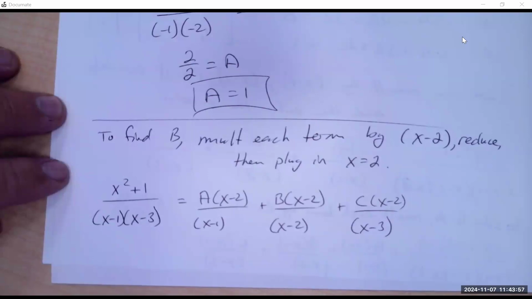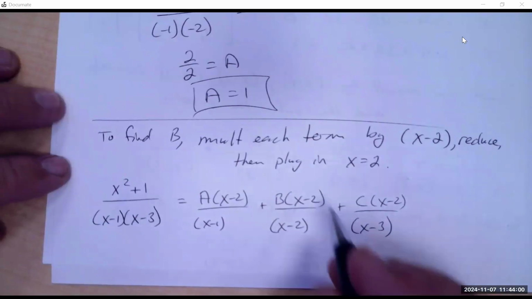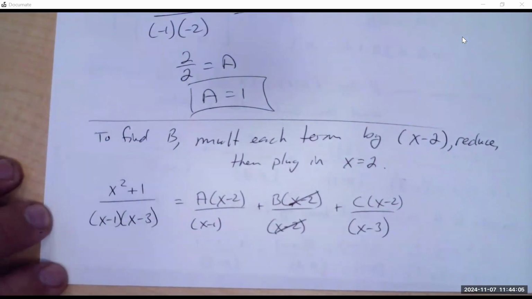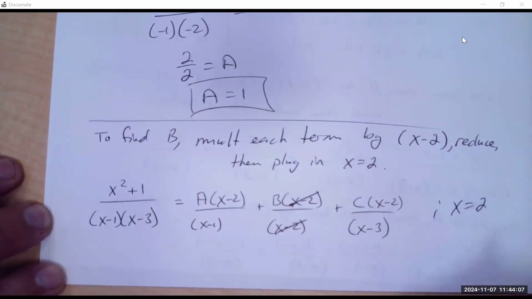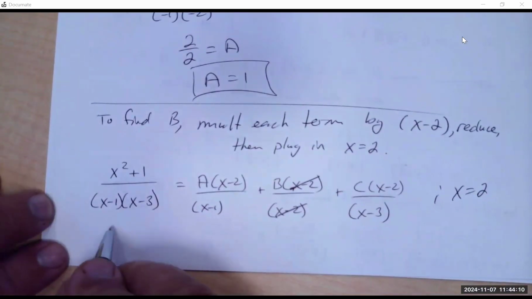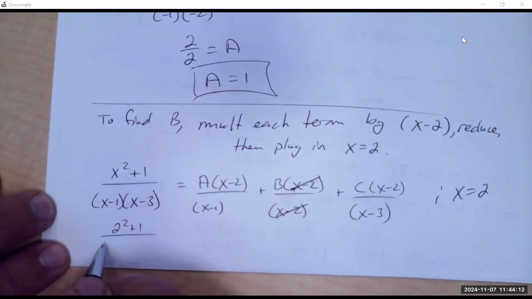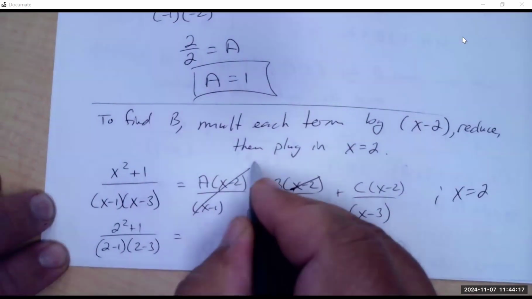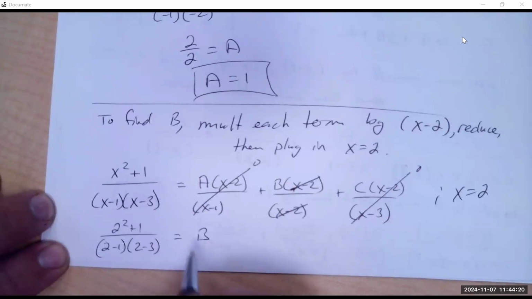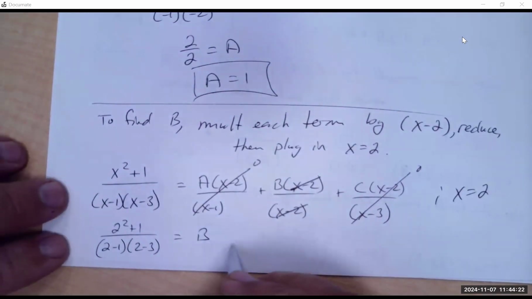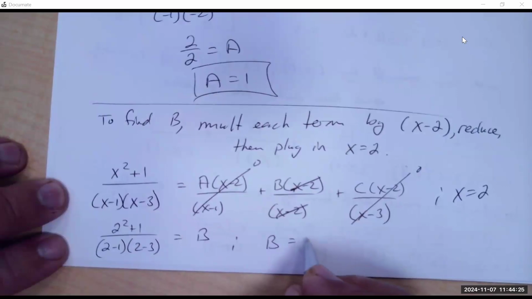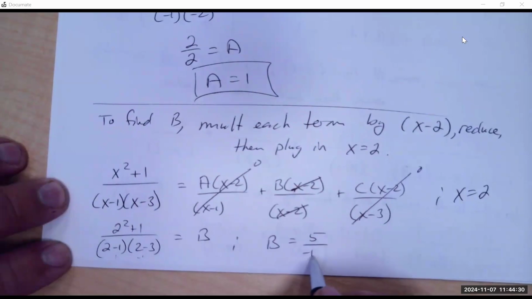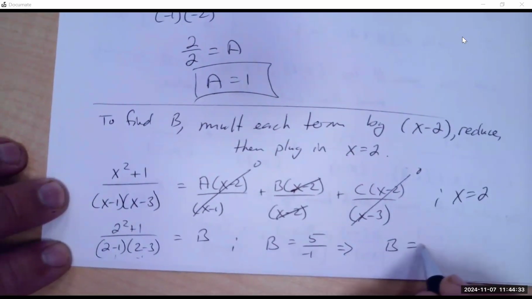The x minus 2's cancel on the original equation and the B. If we plug in x equals 2, we get 2 squared plus 1 over 2 minus 1, 2 minus 3. That's gone to 0. That's gone to 0. That equals B. So B is equal to 5 over negative 1. So B is equal to negative 5.